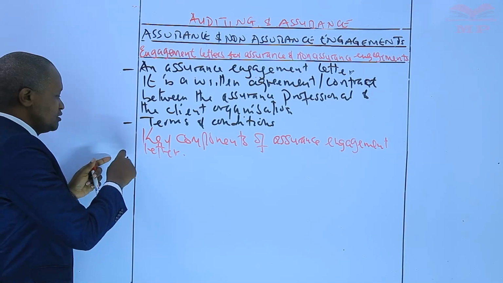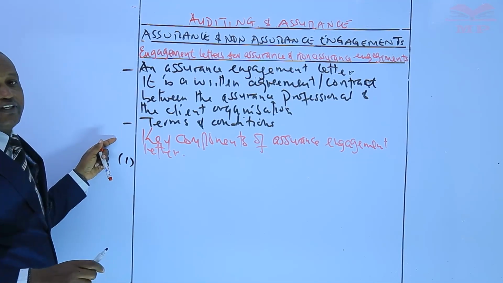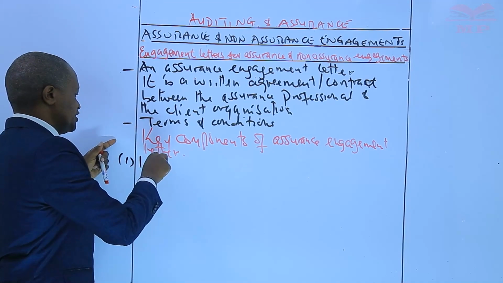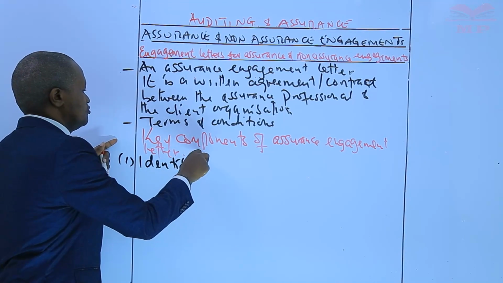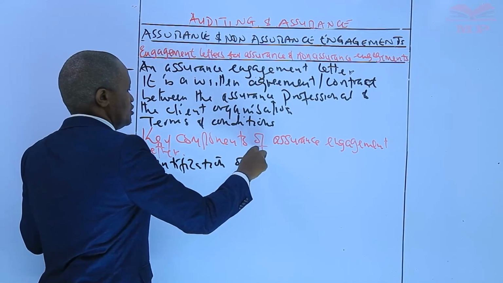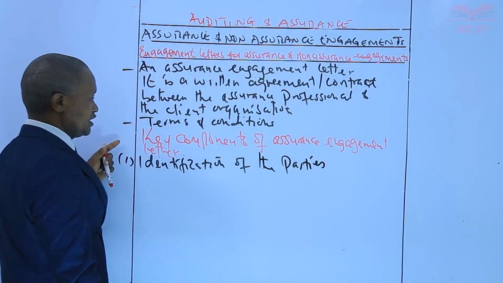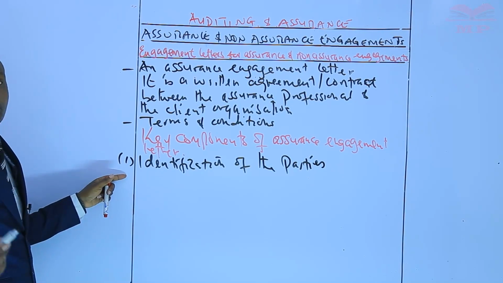Number one, this letter has to identify the parties. Identification of the parties involved. That's the first key component.